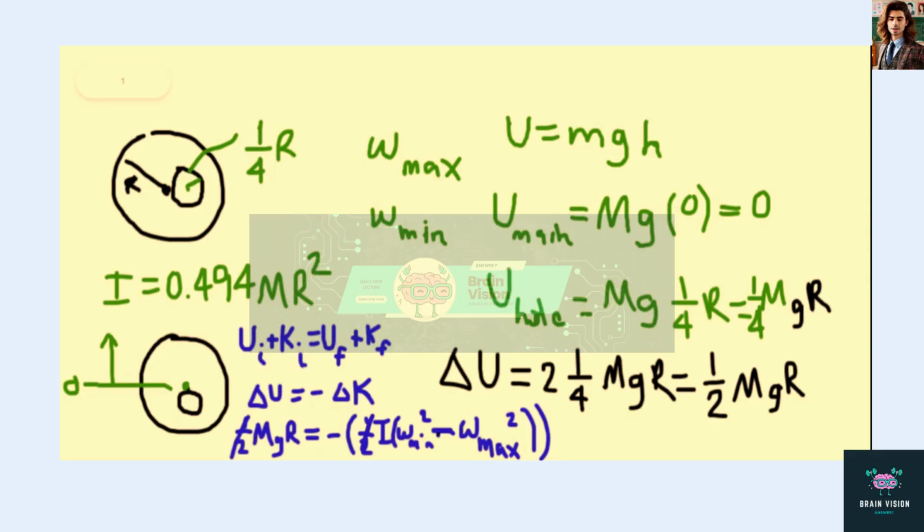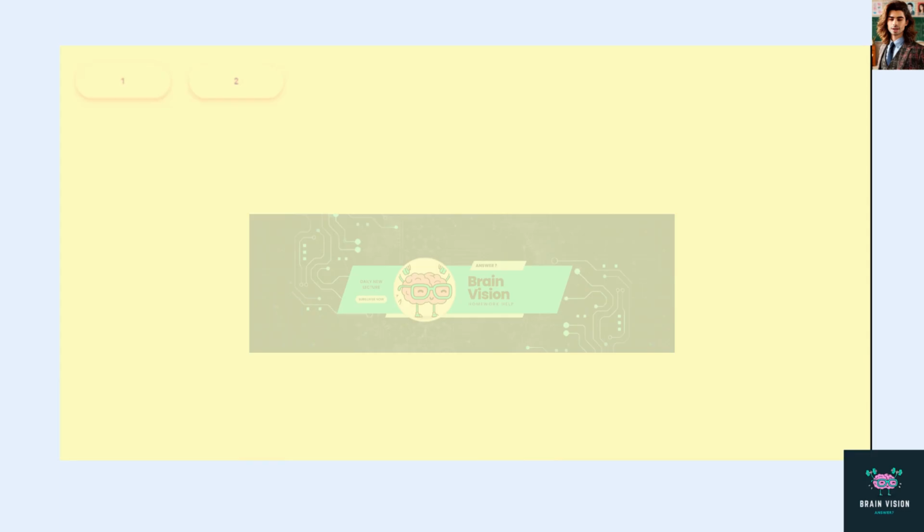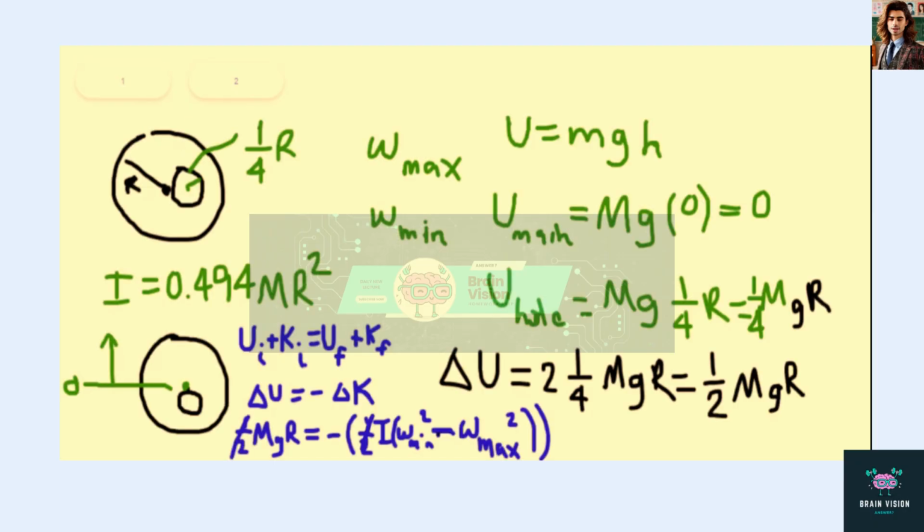That gives omega min squared minus omega max squared equals negative mgr over I. All I'm doing is dividing by negative I on both sides.